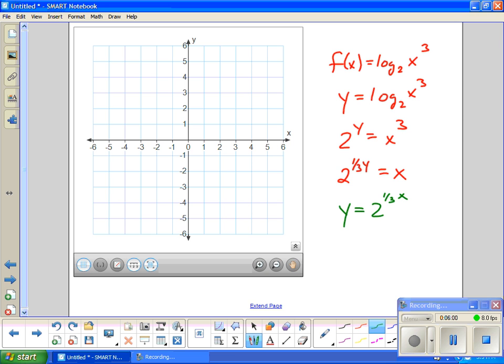Again, I'm going to think of this as y equals 2 to the 1/3 x. I will start by graphing y equals 2 to the x. When you have a multiplier inside with the x, it either stretches it along the x-axis around the y or compresses it.